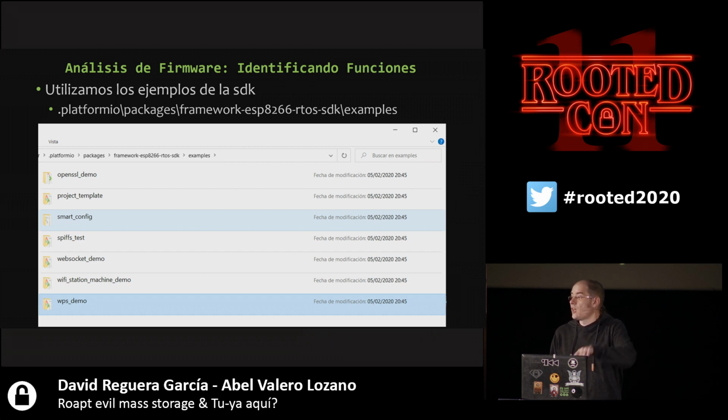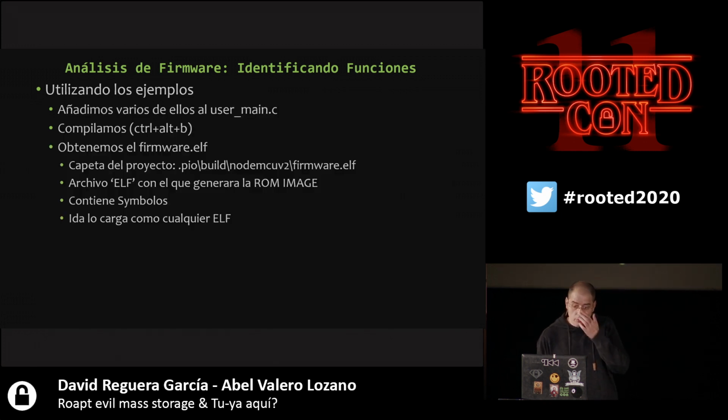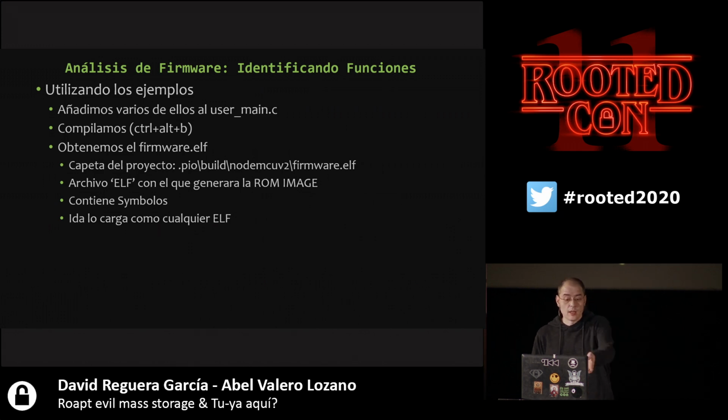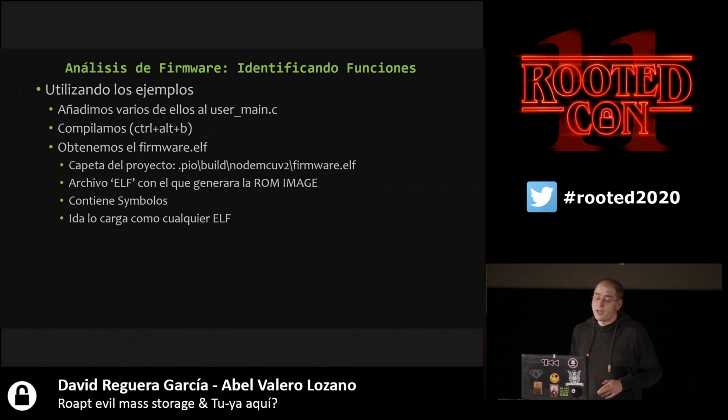Here you have the frameworks. For each framework that you may install, you have, for example, the ESP8266. These are examples from the manufacturer: OpenSSL, Smart Config, Speed, Wi-Fi Station, WebSocket Demo. What do I do there? I take them all and I put them in huge projects and compile everything, and I will have wonderful signatures for everything that I may need.